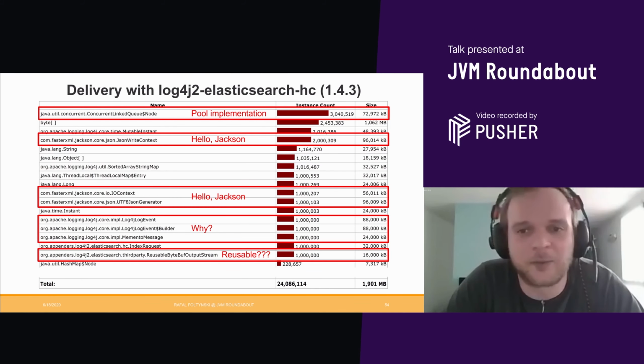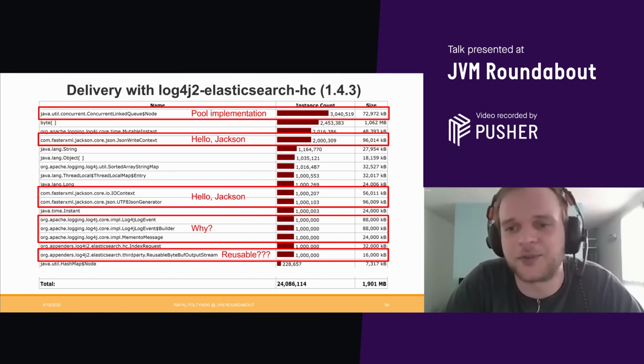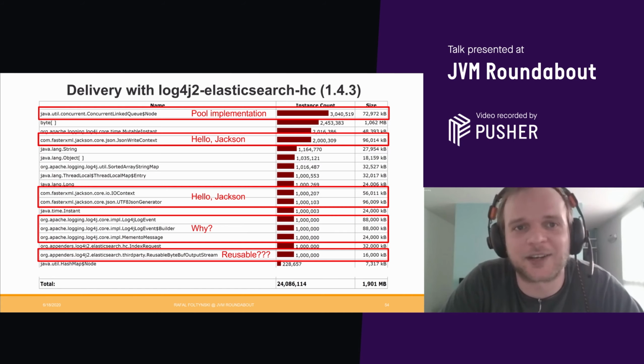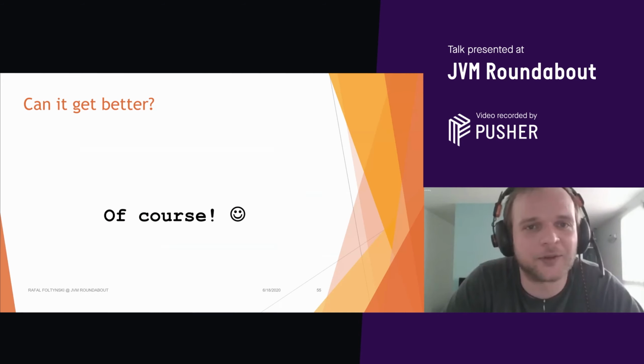So 24 million objects instead of 240 million, plus reducing the allocation from 20 gigs to 2, mainly by object pooling, removing some garbage classes from your code and optimizing some algorithms. Way to go. Now, can it get better?